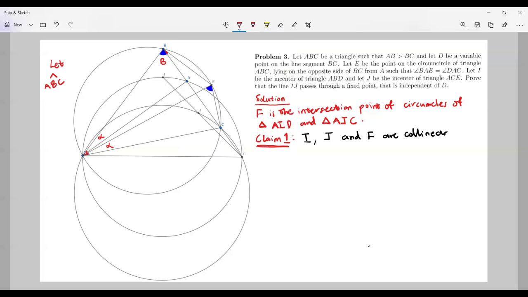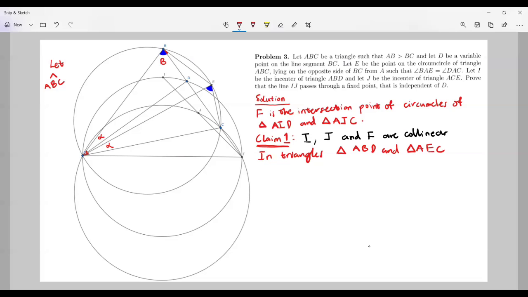Now let's look at triangles ABD and AEC. What can we say?